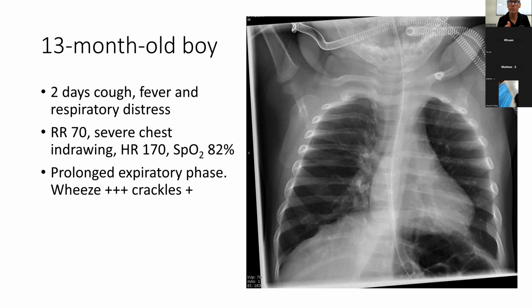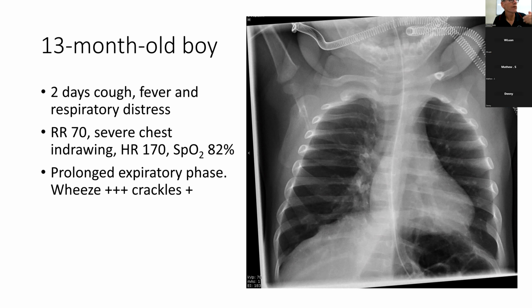All right. So next time you see a child who's got bronchiolitis or asthma, just look at their expiratory phase and see how long that is. You can time their inspiration and expiration, and you can see that. So this child had both a prolonged expiratory phase and also wheeze, consistent with expiratory airflow obstruction. Usually that wheeze is expiratory, but sometimes it can be inspiratory as well, though it's almost always expiratory.